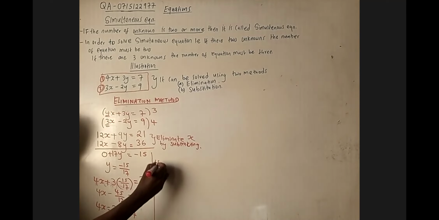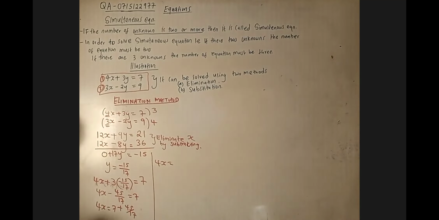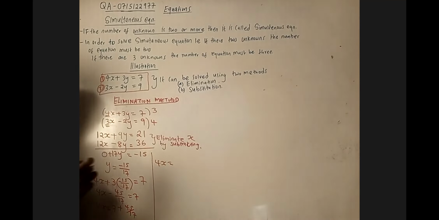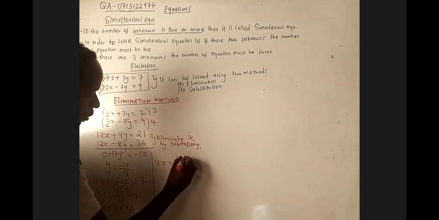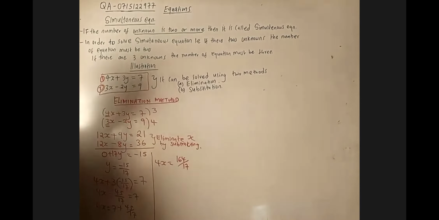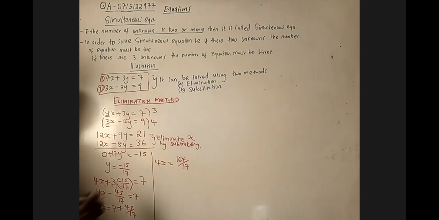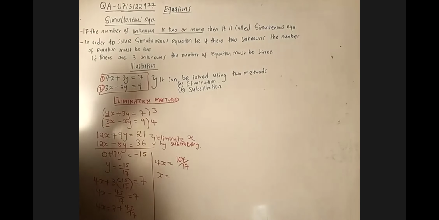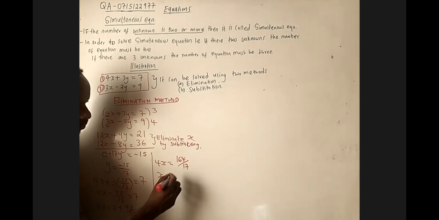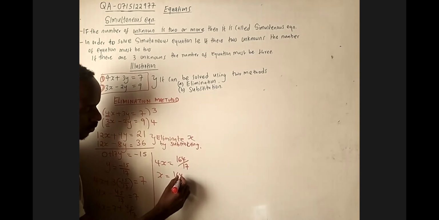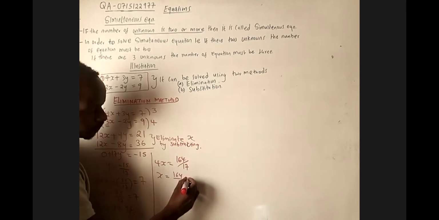Itakuwa ni ngapi this one? 164 over 17. So we need to find the value of x. So itakuwa ni 164 over 17 times 4.